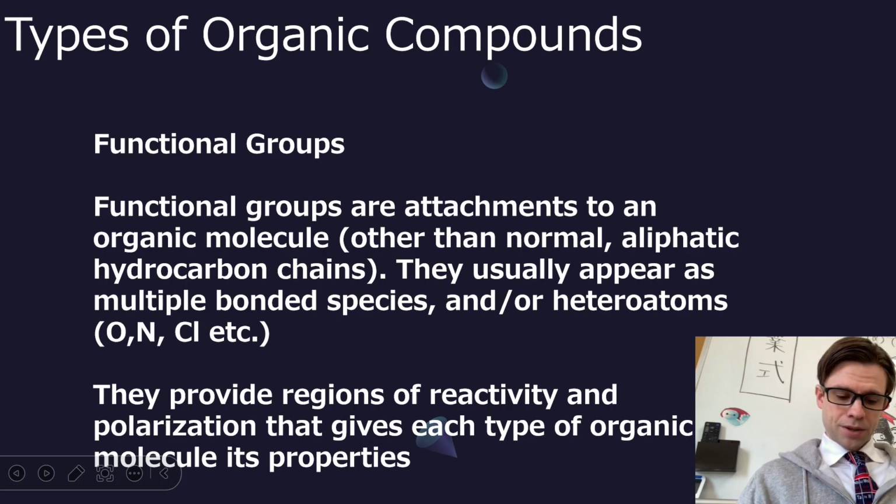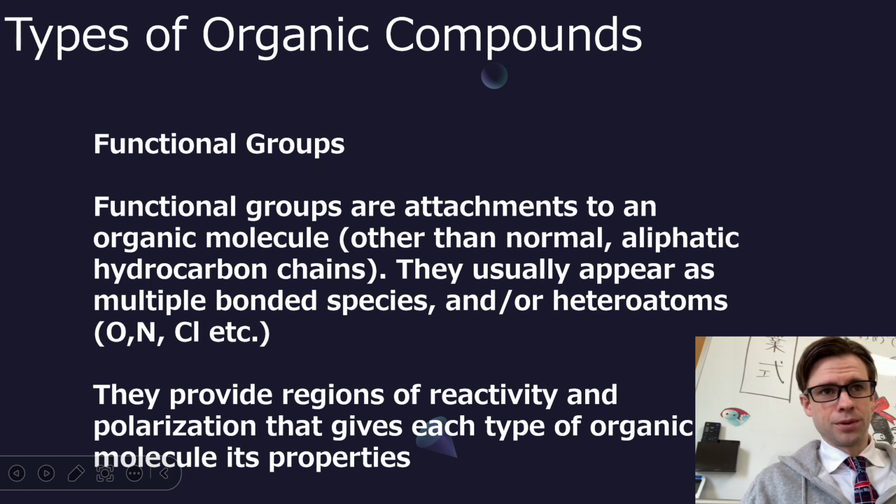So functional groups are attachments to an organic molecule other than the normal aliphatic hydrocarbon chains. If you just have C-H and C-C bonds in an alkane, usually that's called an aliphatic region or an aliphatic molecule. Those are not considered a functional group because they don't really have a function, they just kind of exist. They provide the basic organic structure and organic properties, usually non-polar chain sections.